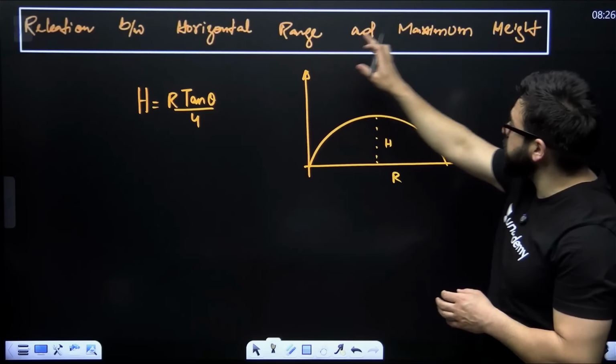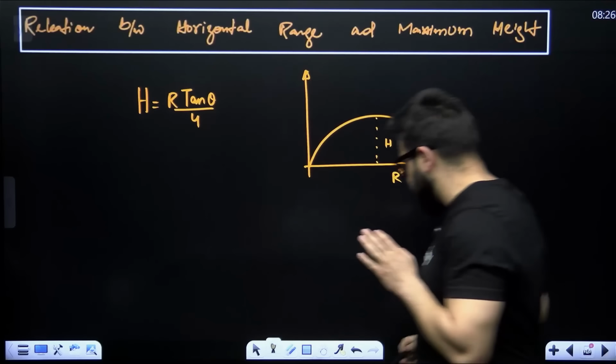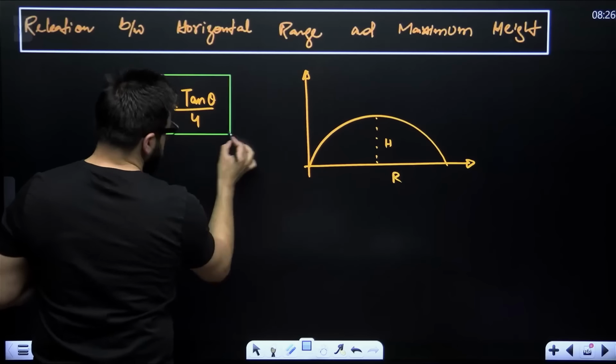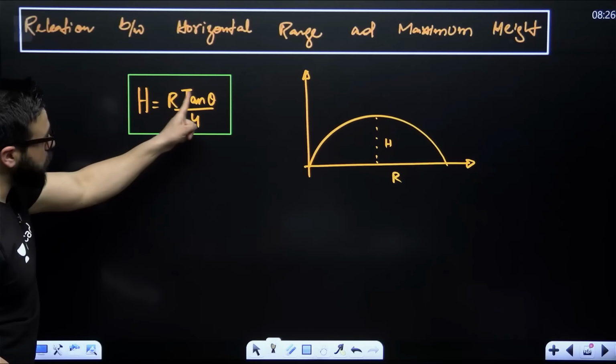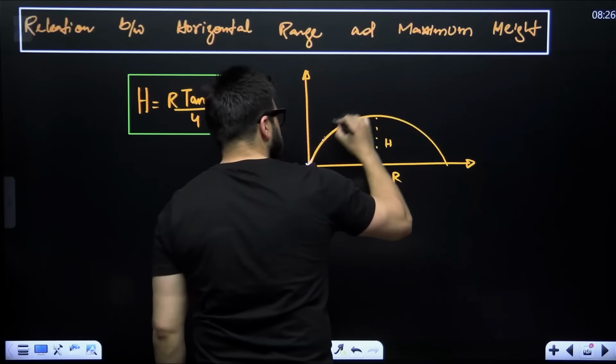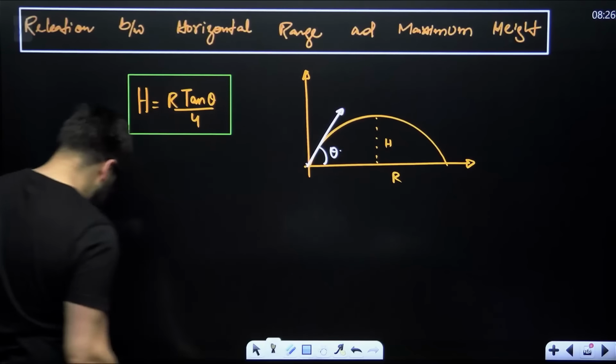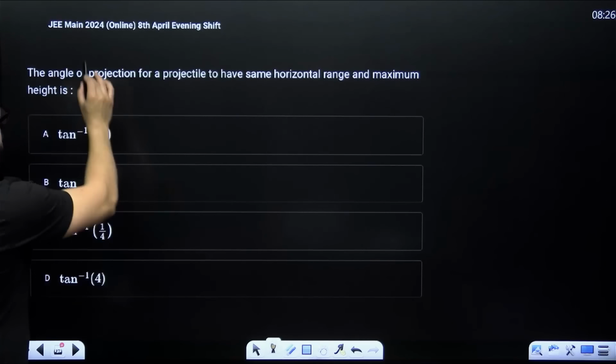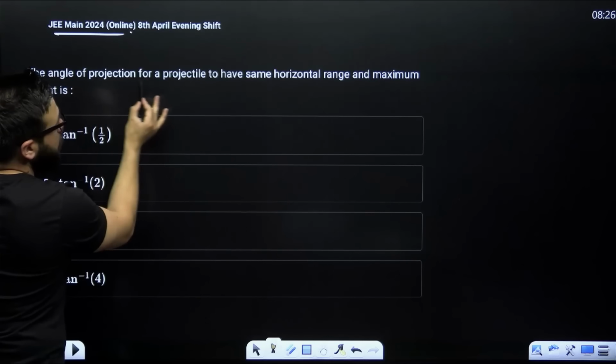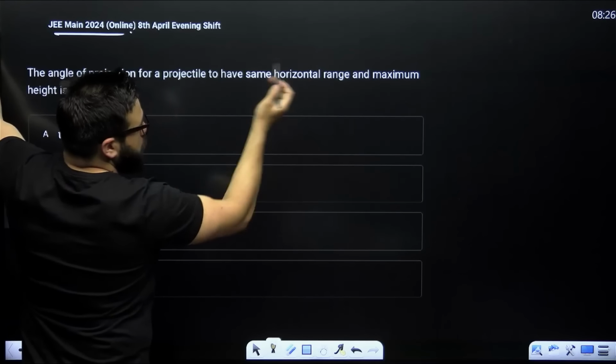Next, the relation between horizontal range and maximum height. H is equal to r tan theta by 4, where theta is the angle at which you have launched it. So H is height and r is range. Now see, JEE 2024, the angle of projection of a projectile for the same horizontal range as maximum height.